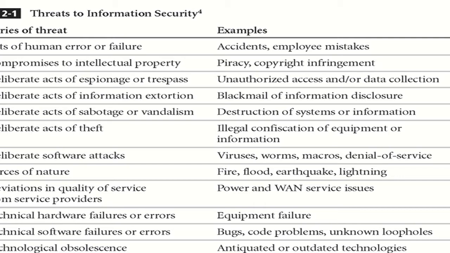In this particular case, somebody might just come in and access resources that he or she is not authorized to access. So, an accident or an employee mistake or an error is an act of human error or failure, and is a threat to our critical infrastructure.